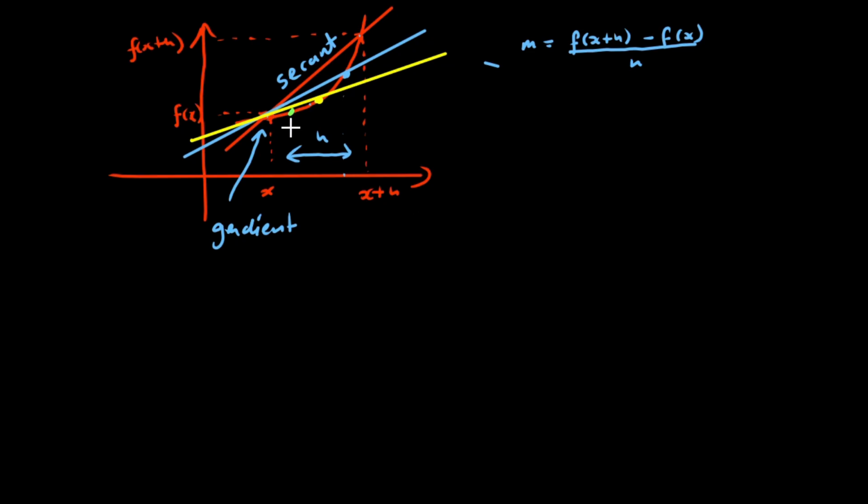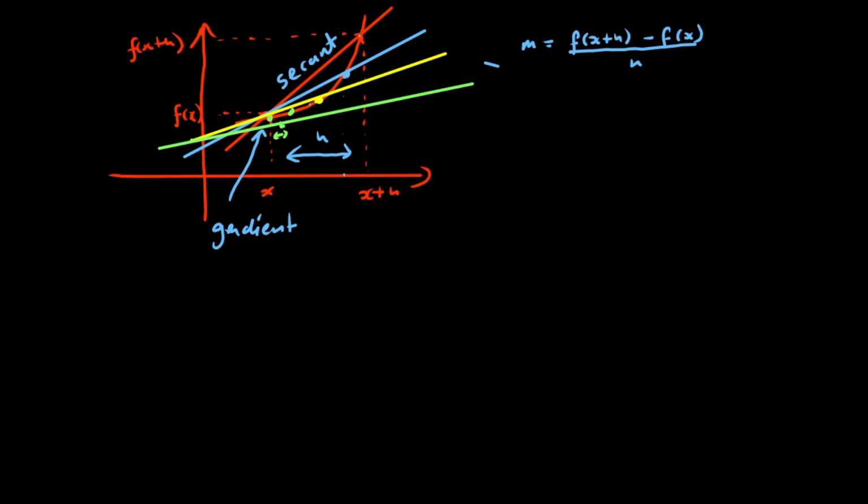And if this h keeps on becoming smaller and smaller, and we no longer have any h at all, we no longer have any distance between these two points, which means we drag this point all the way here, we are going to have what? We are going to have our secant line looking exactly like a tangent line.